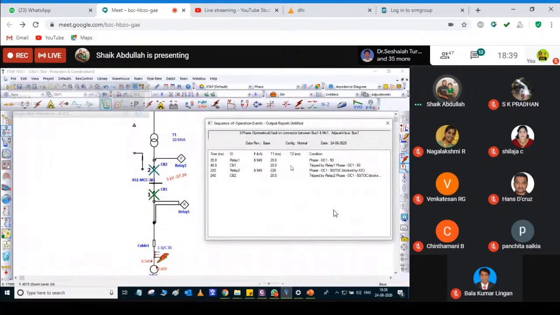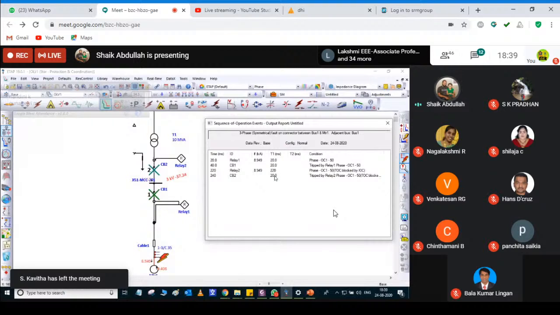Here at 20 milliseconds, my relay 1 picks up for the fault current of 808.94 kA, at 20 milliseconds T1. We don't have T2 here, because the relay has repeatability capability. The modern numeric relay in medium voltage that we are using has repeatability capability, and it doesn't have any band.